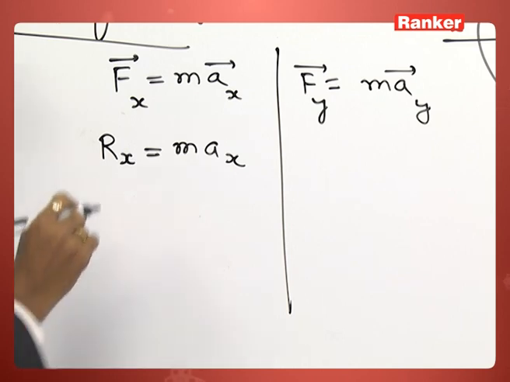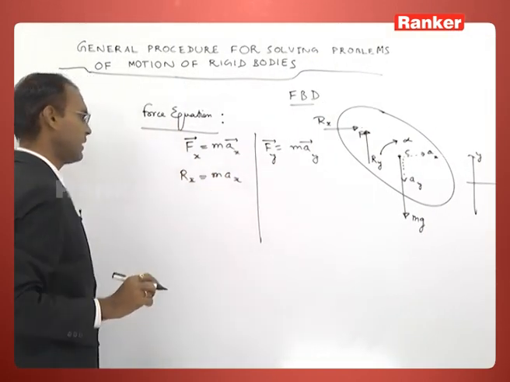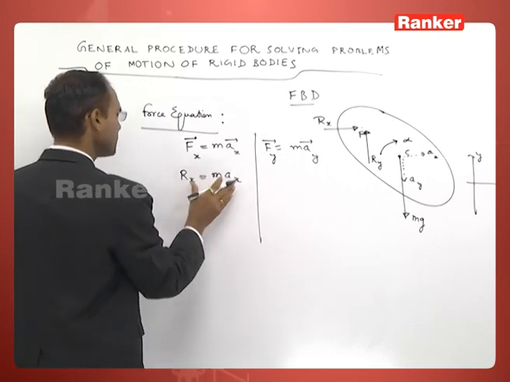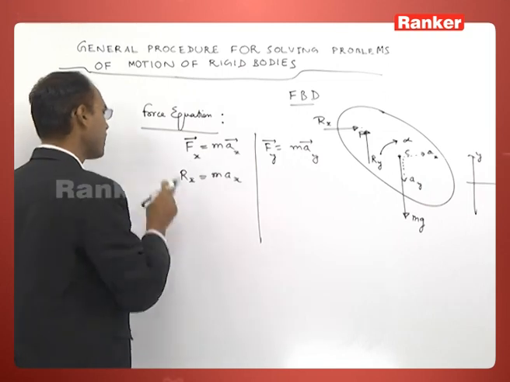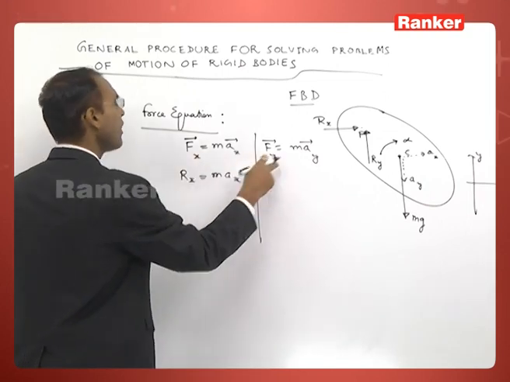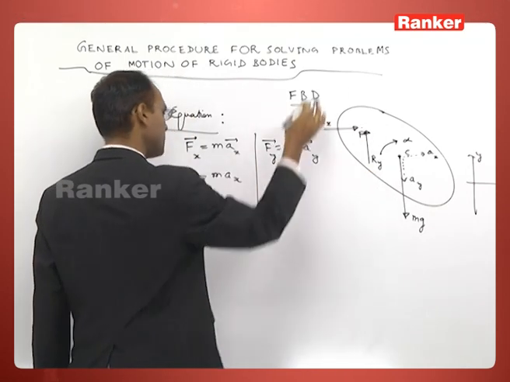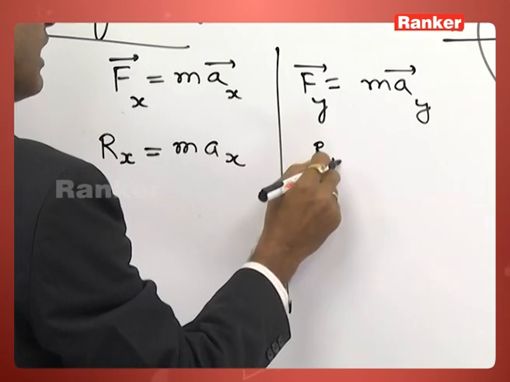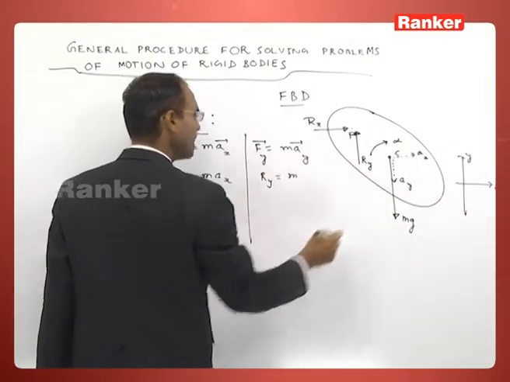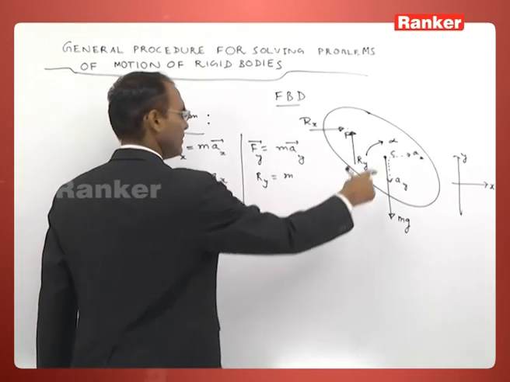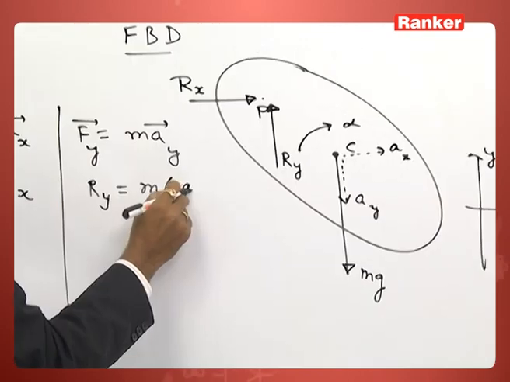Without writing the arrow over the letter, you can write the equation in scalar form, considering the direction as plus or minus, or plus i cap or minus i cap, plus j cap or minus j cap. Fy: I have taken the reaction force along the positive y direction, therefore this is Ry, plus m into ay, I have taken in the negative y direction, so minus ay.